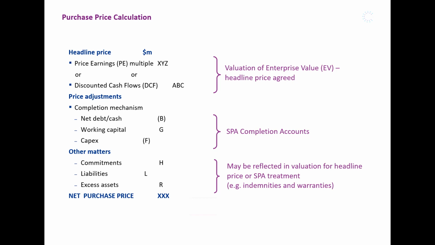So essentially we'll increase the value of the business for any cash left in the business that's not taken out, and we'll reduce the value of the business for any net debt in the business that's not paid down before settlement. But typically the principle is we're valuing and buying businesses on a debt-free and cash-free basis. As I mentioned, it's not always possible or practical to just remove the debt and cash from the business.